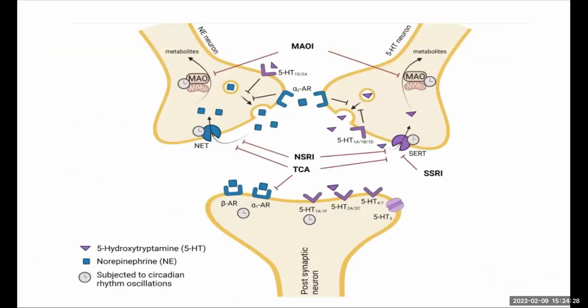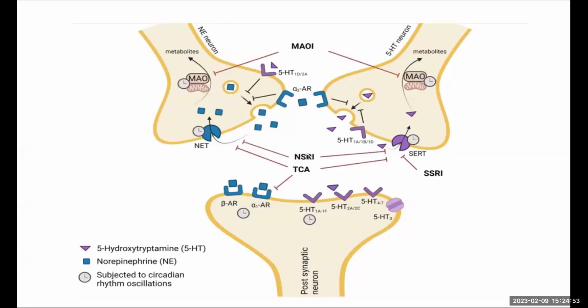Again, same stuff. This is the neuron which secretes the noradrenaline, and that acts on the postsynaptic neuron. And this is the serotonin one, which acts on the serotonin receptor. Now, TCA, you can see, is affecting not only the reuptake channels of noradrenaline and serotonin, but also adrenergic and cholinergic ones as well.